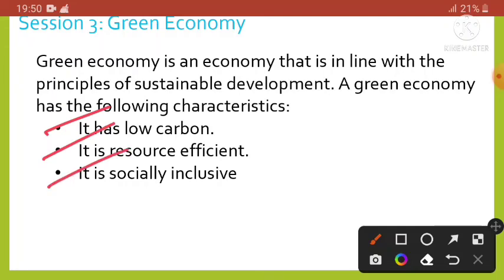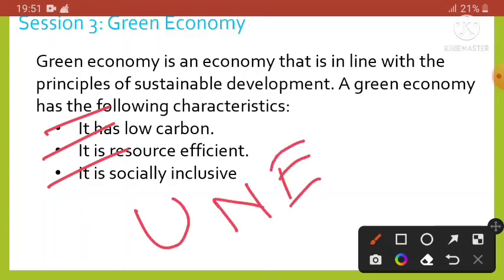According to the United Nations Environment Programme, UNEP, a green economy is one that results in improved human well-being and social equity, while significantly reducing environmental risks and ecological scarcities. One of the major challenges in developing and promoting a green economy is to determine the approaches to balance economy and environment in order to give people the quality of life they seek.